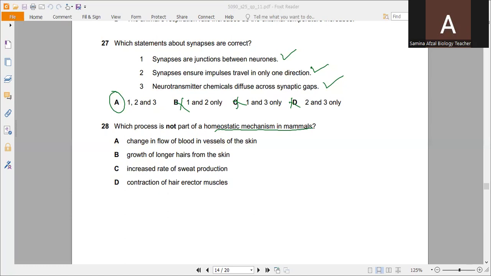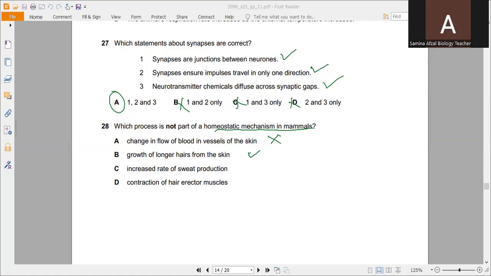So I would like to say, for this reason, growth of longer hairs from the skin. Yes, because you can see how the body regulates temperature. We have to move with this. So this question is correct. B is the correct option.